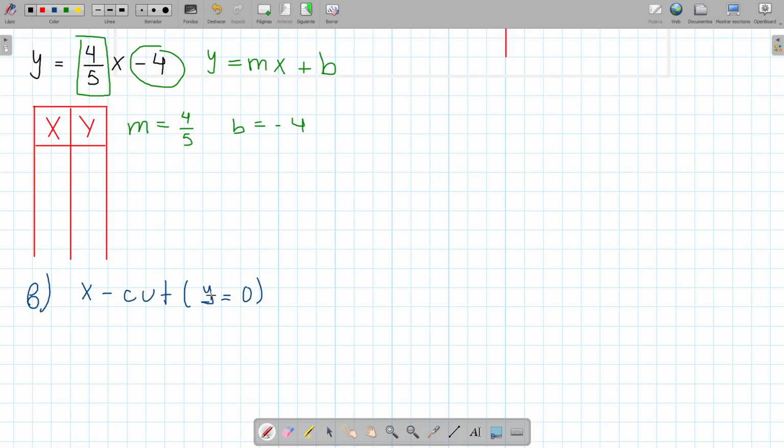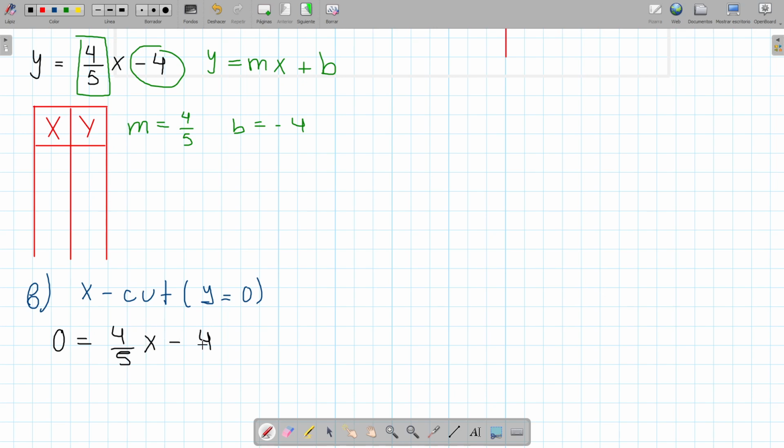So, if y equals 0, what is going to be the result of x? We have y equals 4 over 5x minus 4. But remember, y is going to be 0. So we have to replace y with 0.